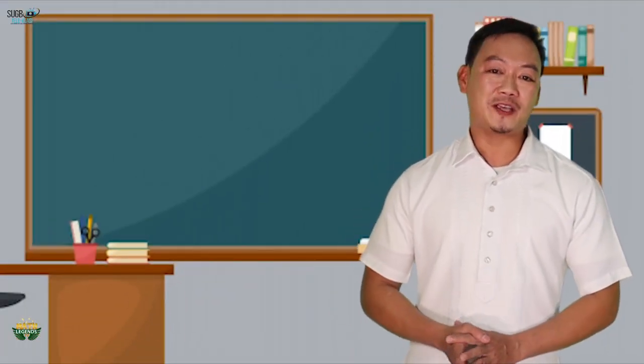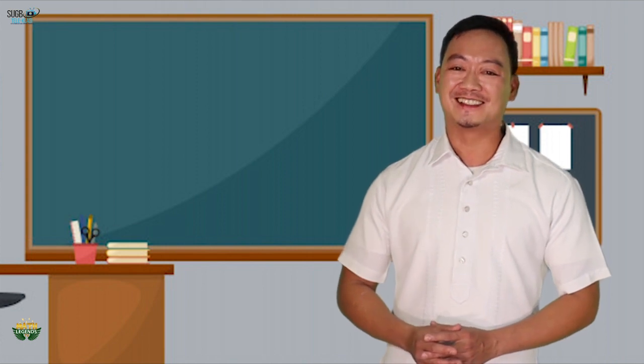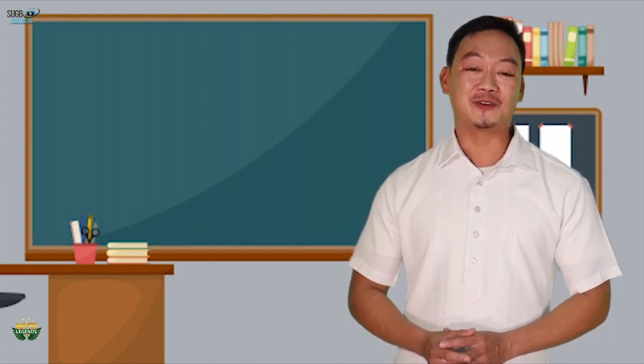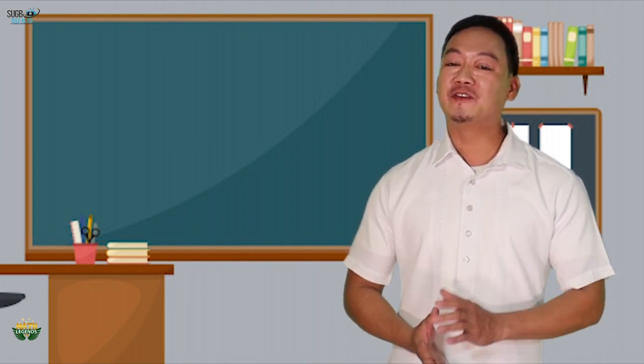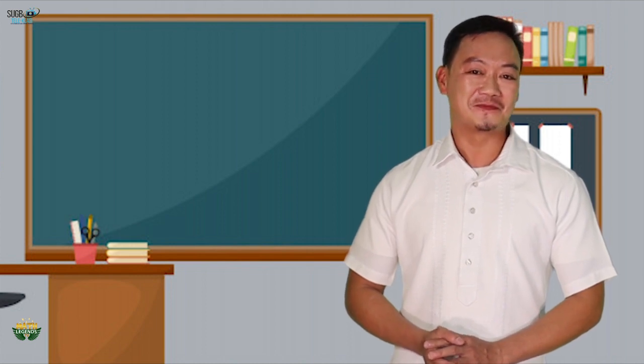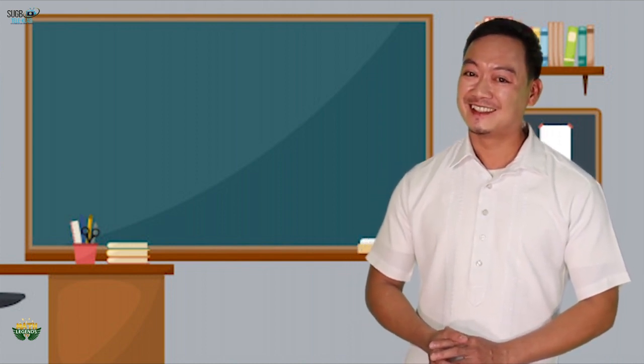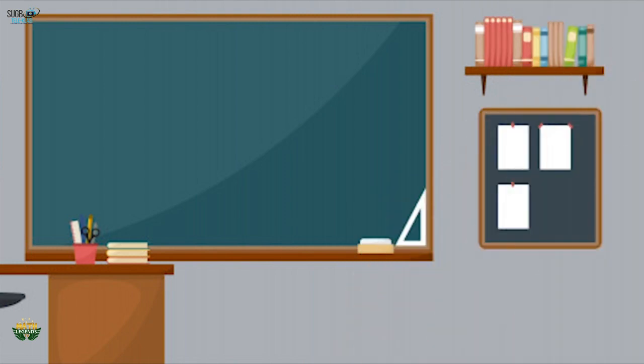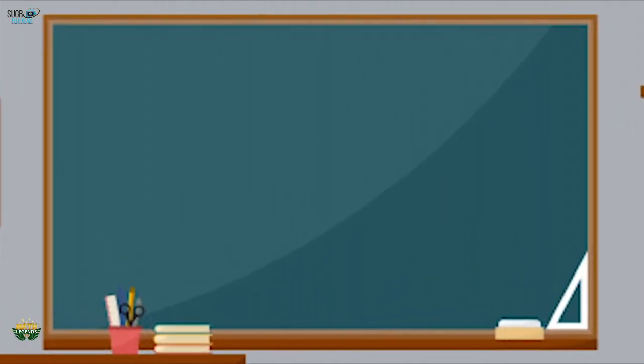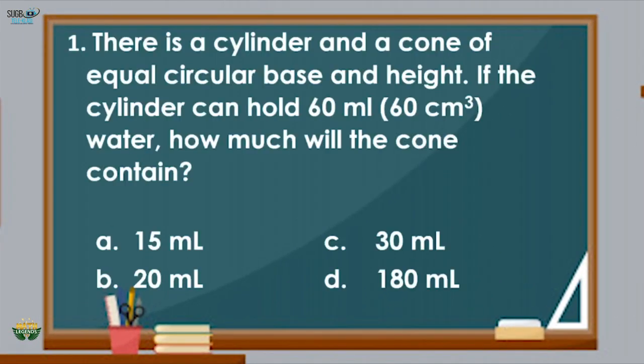Now let's try some quick check on what you have learned today. Answer the following before the time is up. You have 15 seconds to answer each item. Ready? Go! There is a cylinder and a cone of equal circular base and height.